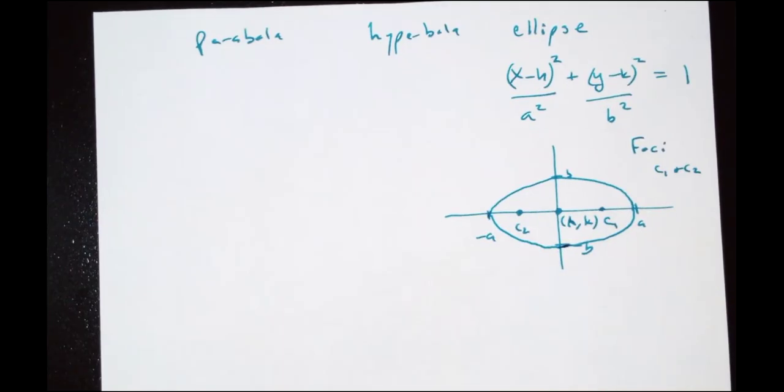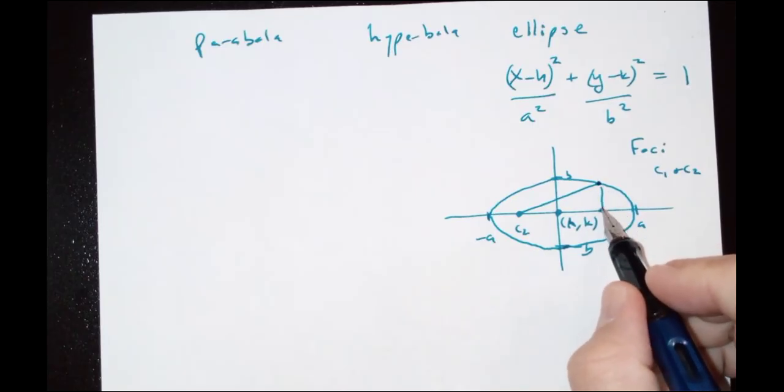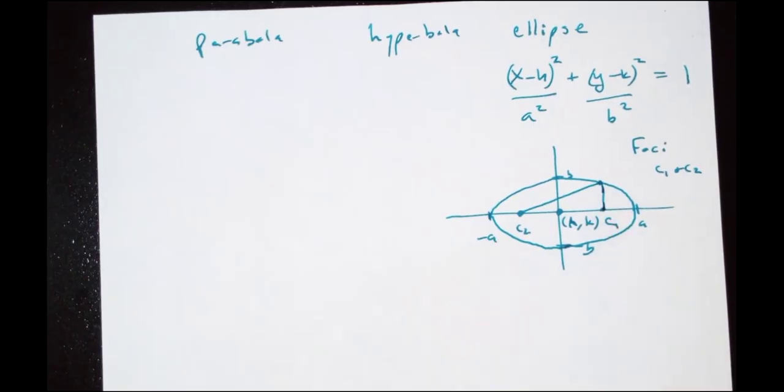But here's the game. If you pick a point on the ellipse and you measure from that point to each of these foci and add those two distances together, they are the same no matter which point you use.